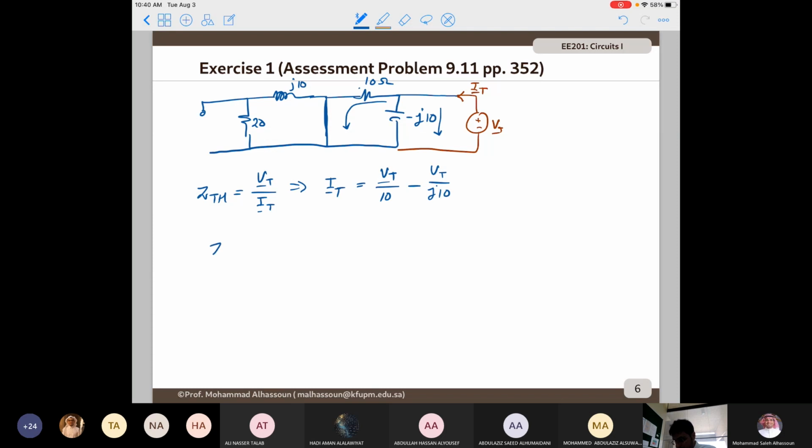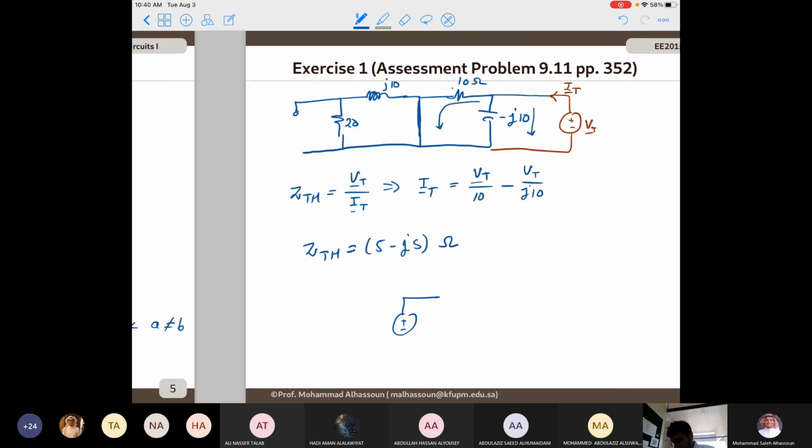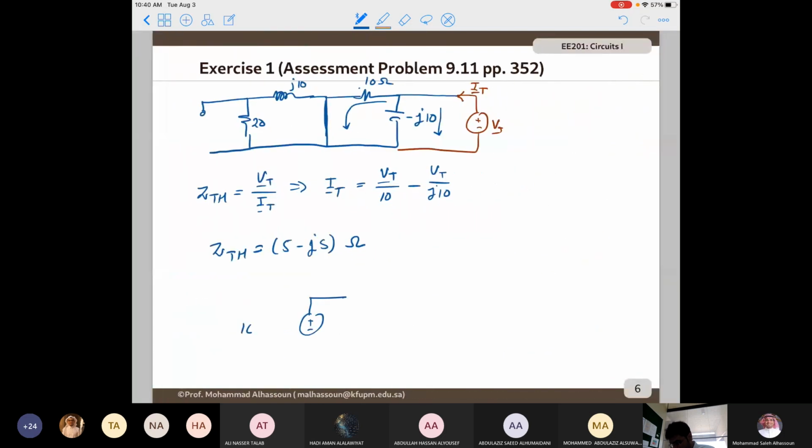In this case, Z Thevenin is going to be 5 minus j5 ohms. So the Thevenin equivalent circuit is going to be, I think, 10∠45. Since we have a negative imaginary part, it's going to be a capacitor. Any questions?